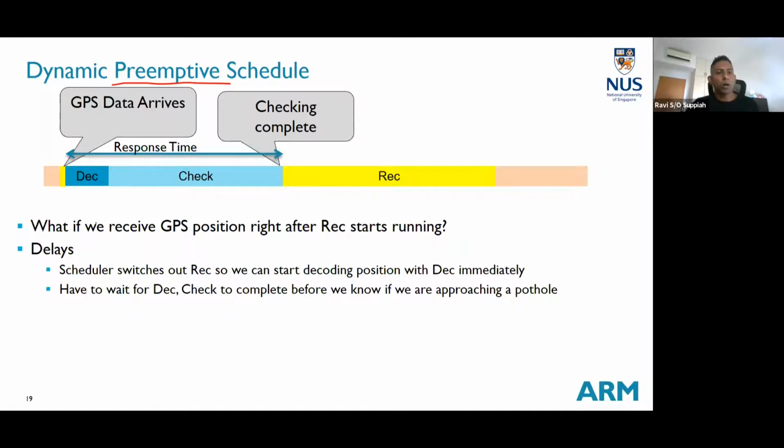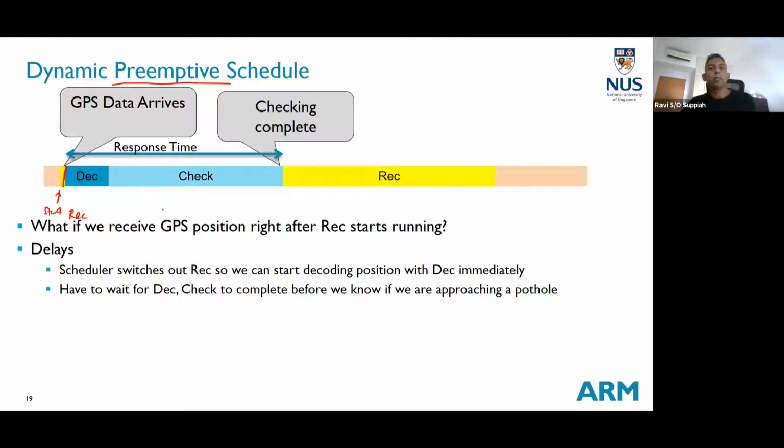So you already started your record function over here, but your GPS data came in over here after I started the record function. In this case, since it's preemptive, you will immediately say that decode is more important than record. So I will stop record wherever I am and switch over to the decode function and carry on with the decode function first, and then eventually do the check.